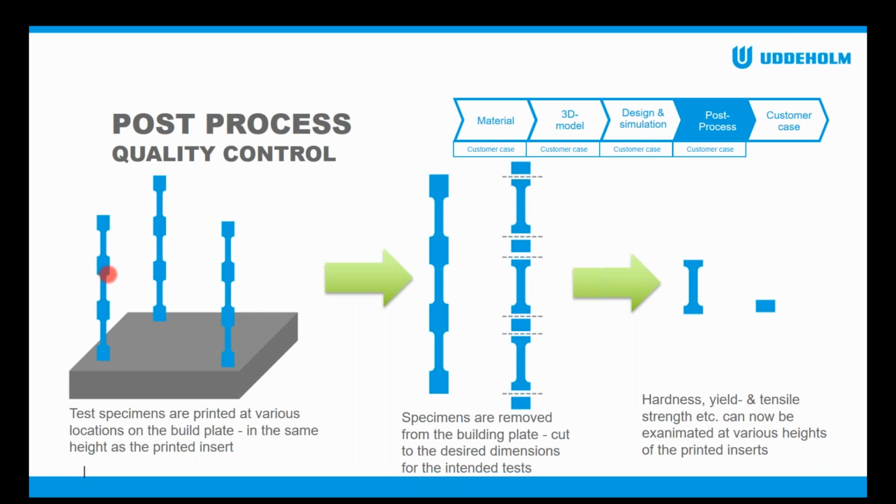After printing, we can cut the specimens from the base plate, cut them into different heights, and test the yield strength and the hardness at different heights of the printed part. This shows that the quality is even throughout the entire height and at different places on the build plate.